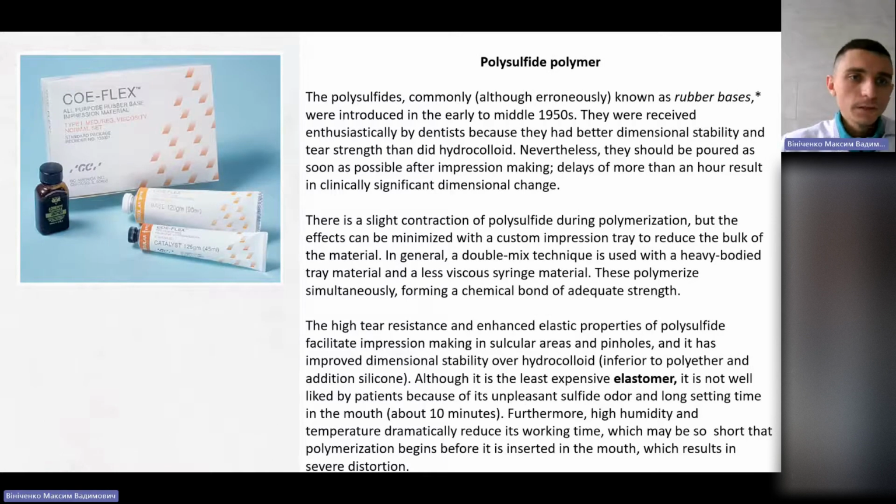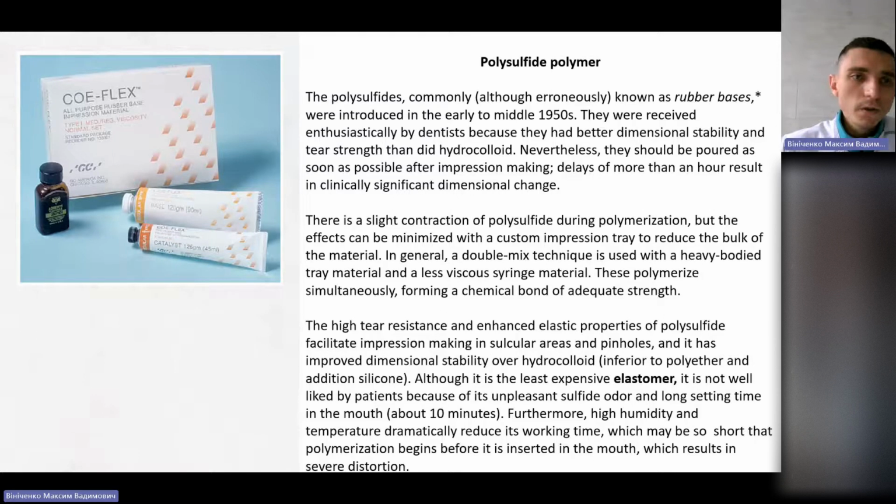But in America they are very popular, such as the polysulfide polymer. They are commonly known as rubber bases. They were introduced in the early to mid-1950s. They were received enthusiastically by dentists because they had better dimensional stability and tear strength than the hydrocolloid materials.